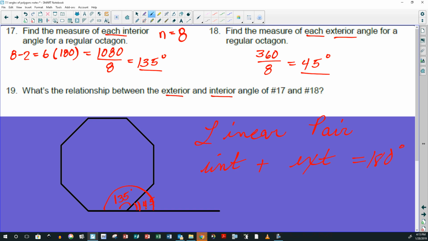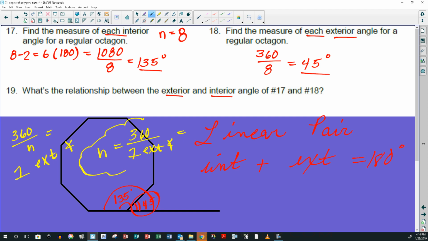So if you know the angle, remember I told you back here that 360 divided by n gives you 1 exterior angle. Well, you can also take 360 and divide by 1 exterior angle, and it will give you the number of sides.